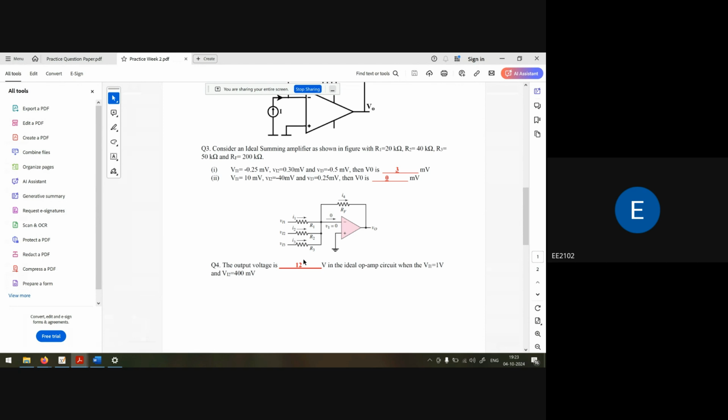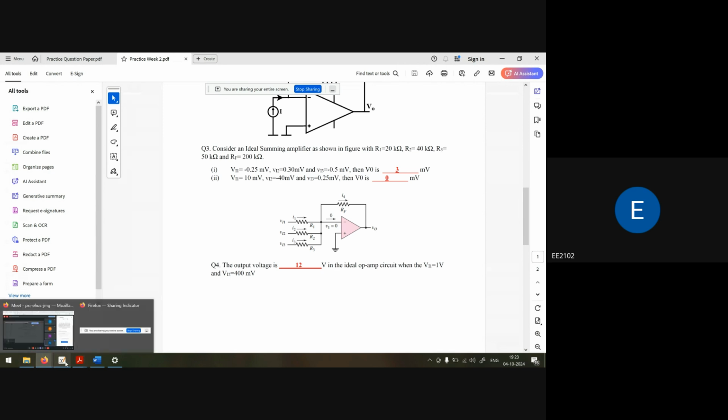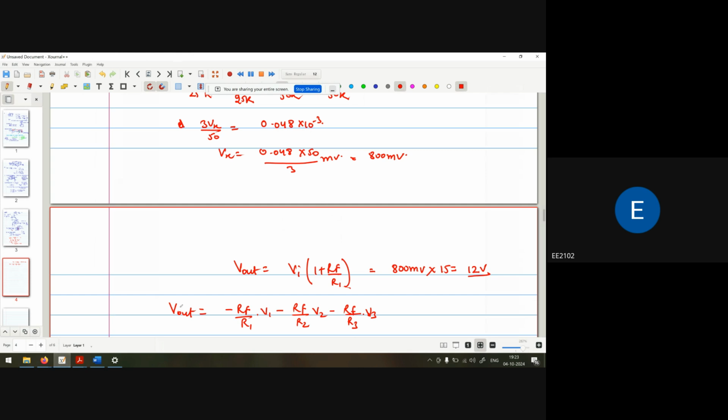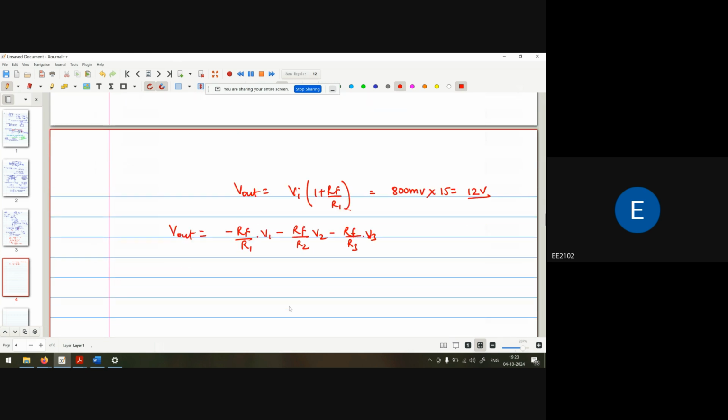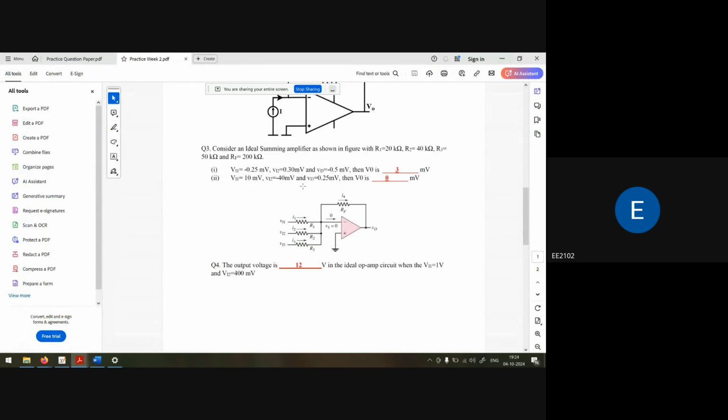Okay, R1 is 20, 40, 50 and Rf is 200. So Vout is minus 200 by 10 V1 minus 200 by 20 V2 minus 200 by 40 V3. Sorry, 20, 40 and 50.